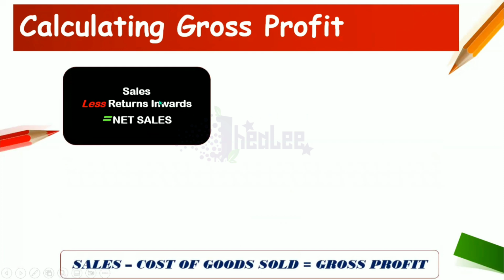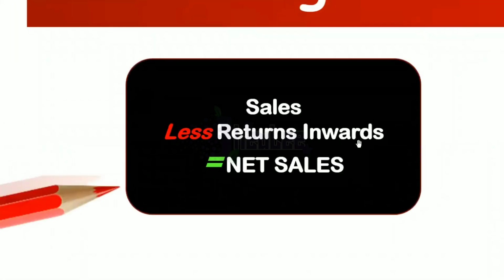And we begin with sales, because remember, you're calculating gross profit and you start with sales. Sales, you'd pick up that. And if you have returns inwards, that is going to adjust your actual sales figure. So you are to subtract that from sales, and then you get net sales. So bear that in mind.